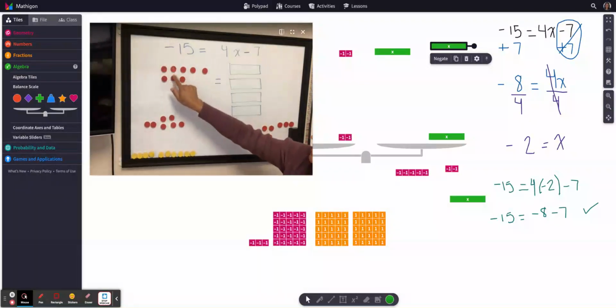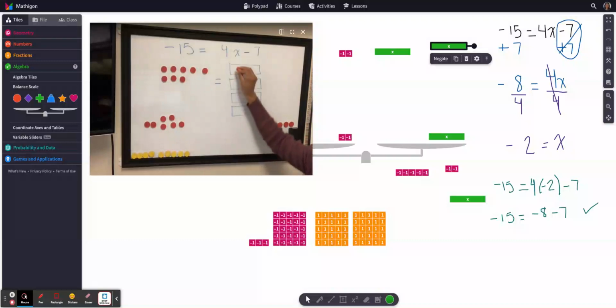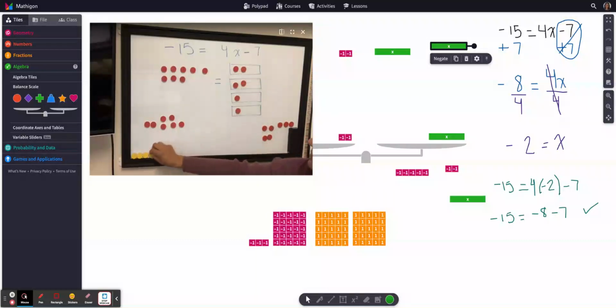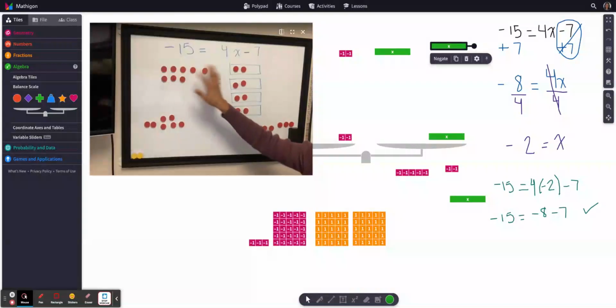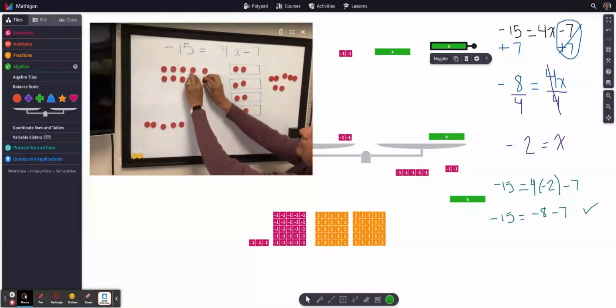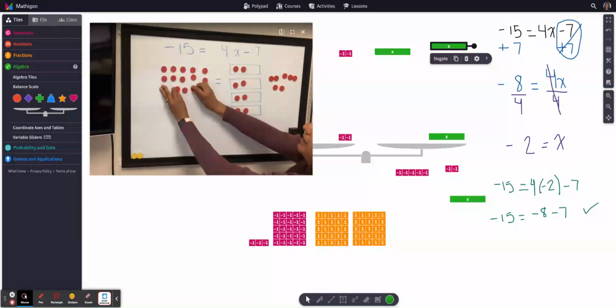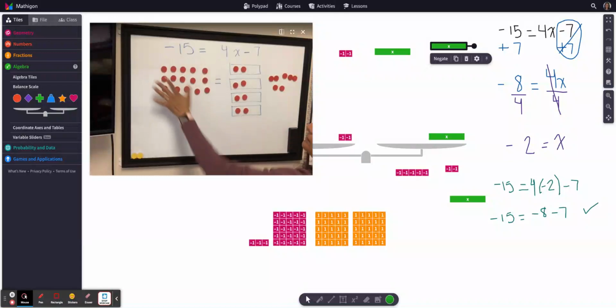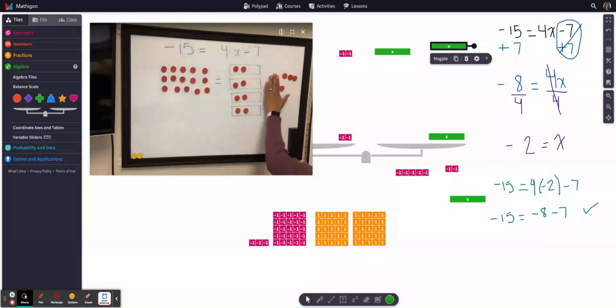Well, I have 1, 2, 3, 4, 5, 6, 7, 8. That means I would have to split these 8 counters in between all of my boxes, right? So 2, 4, 6, 8. I have the same amount on both sides. If I put these back over here, I'm supposed to have a total of negative 15 counters altogether when I go over here to double check.